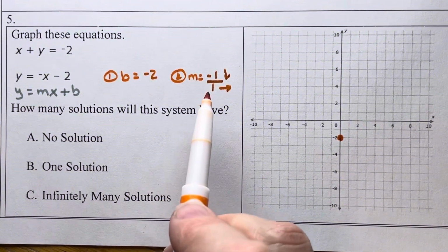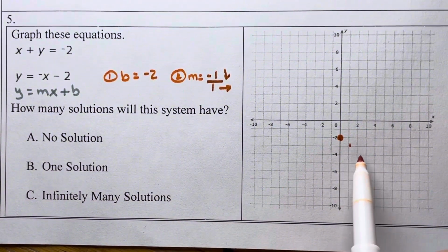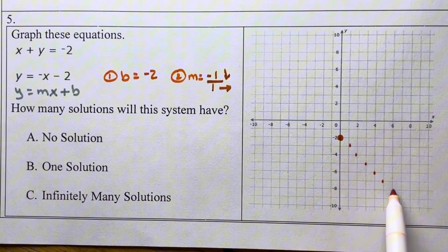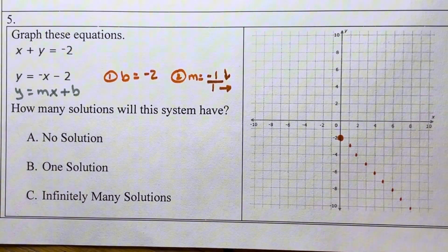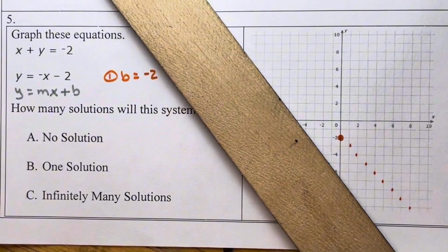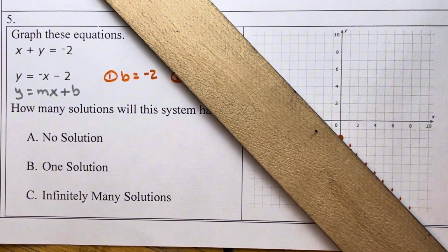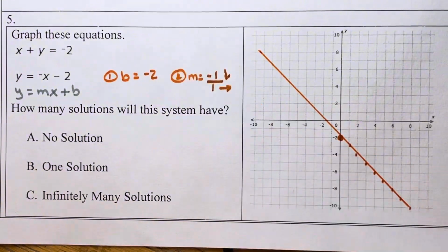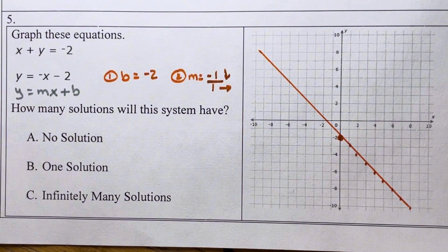And now we're going to use our slope. Down 1 to the right 1, again and again and again. Okay, straight edge time. There we go. Let's go find our second equation.